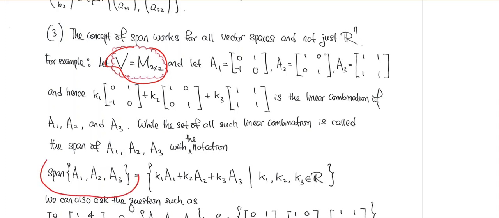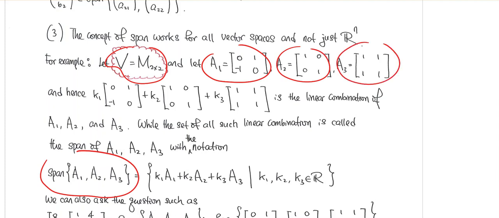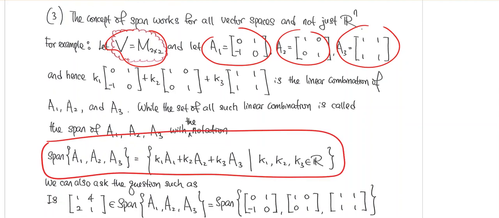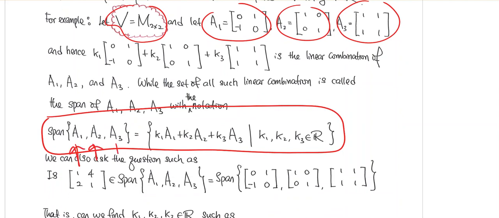Given this A1, this A2, and this A3, what is the span? The span is defined the same as before. Here, A1, A2, and A3 are fixed. They are not changing. The things that are changing are the variables k1, k2, and k3.